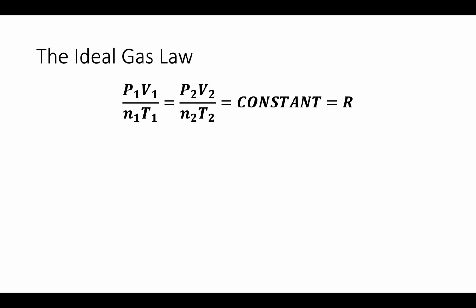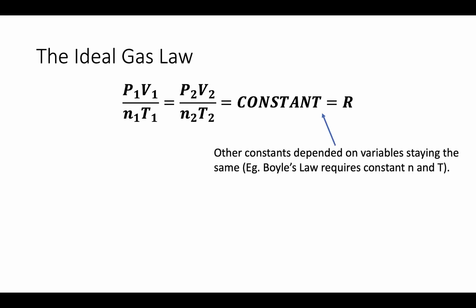These are the 4 characteristics that define a gas. And so we can again say that these are equal to a constant, but because we've actually captured all the different characteristics, this is going to be the same constant all the time. And it's a very special constant in chemistry. It's called R, and this is our ideal gas constant, right?